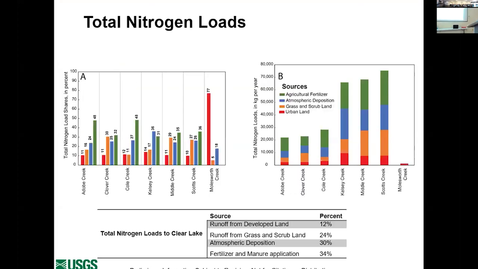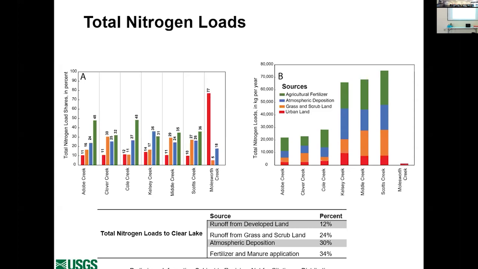Okay, so these are some of my output from the total nitrogen model. To the right, the x-axis is the major watersheds in the Clear Lake, and the y-axis is the total nitrogen load in kilograms per year. The color scheme is for the source of that load.